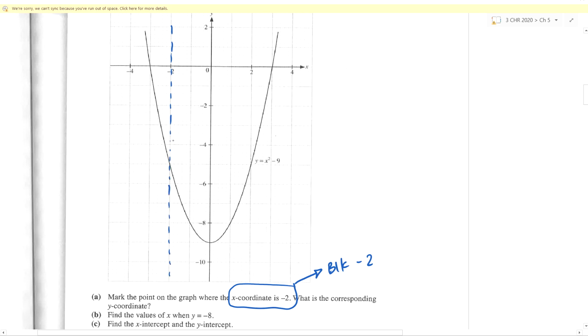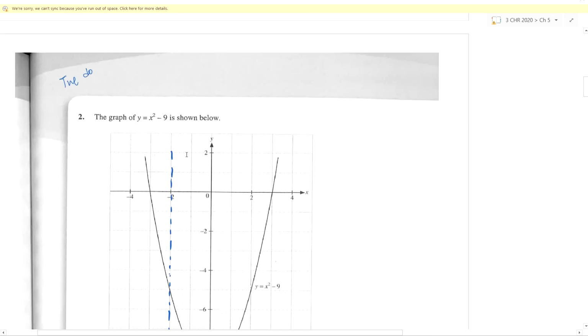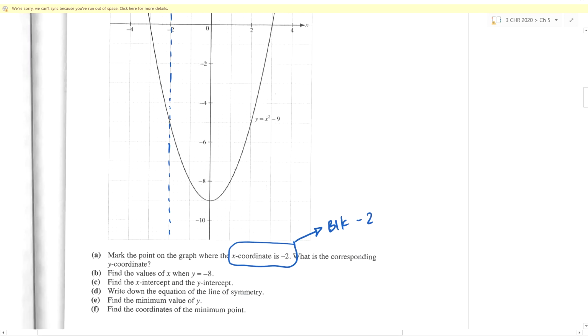It extends all the way to the top and all the way down. They want the point on the graph where x value is negative 2, so this is the point. What is the corresponding y coordinate? So to answer this question, they are actually asking us for the level. So this level is between negative 4 and negative 6, so it is at negative 5. Part A, answer, y equals negative 5.